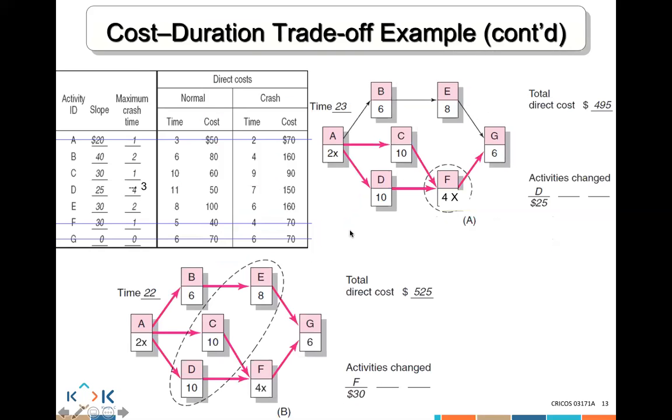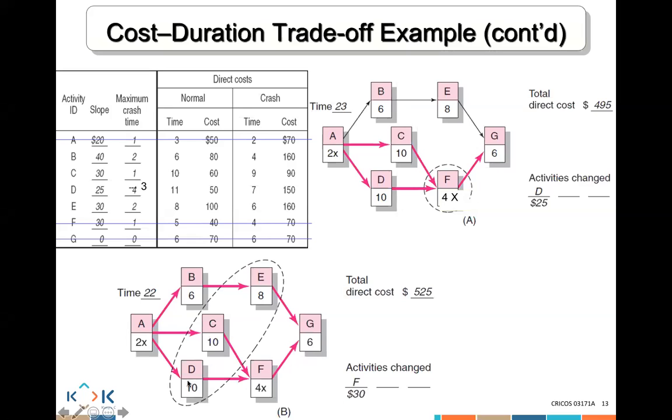Sir, I just wanted to ask why we crashed F instead of C and D. Between this path and that path, because if you add C and D together, it's 30 plus 25 equals 55. You cannot crash only one, because you need to crash one from each path, one from this path and one from that path.